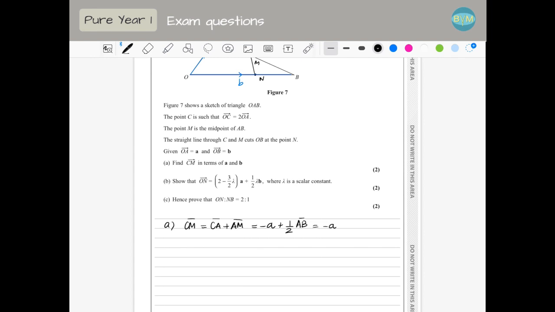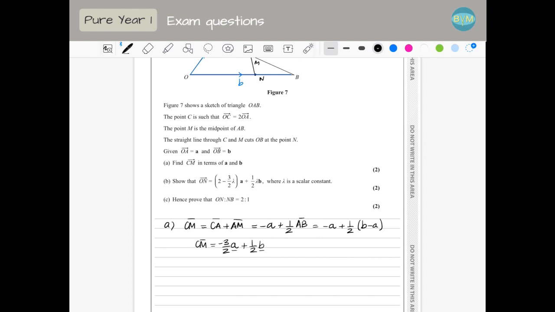So minus a plus 1/2 of b minus a. Organizing a bit, CM is minus a minus 1/2 a, which is minus 3/2 a, plus 1/2 b. We have found an expression for it.